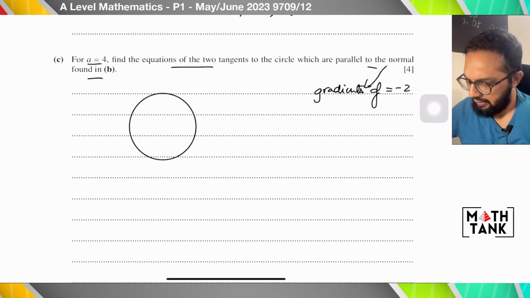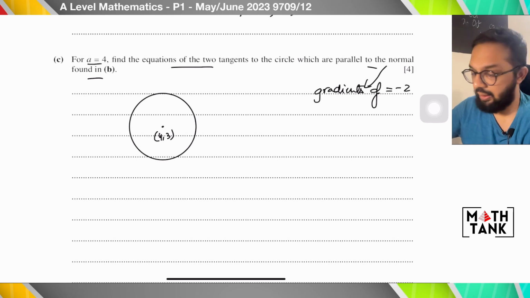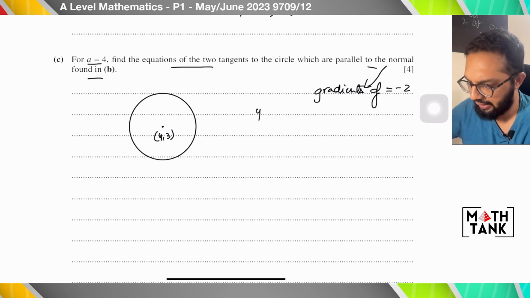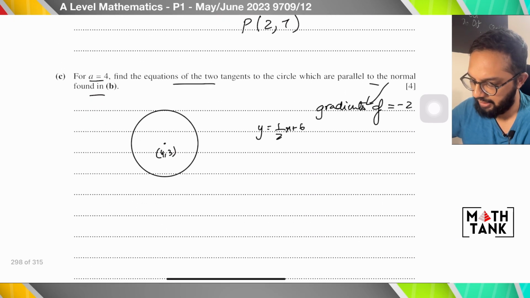Okay, so there is some confusion. Let's try to draw this. In fact, I've drawn the circle. The center is now 4 comma 3 because I've given you a as 4. There was a tangent half x plus 6, which was tangent to the circle at P, and P was 2 comma 7.